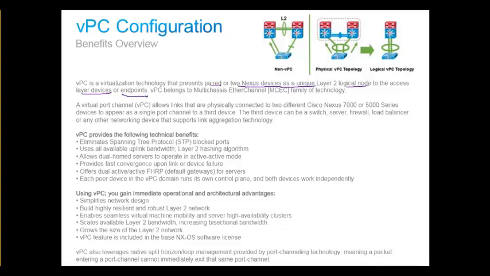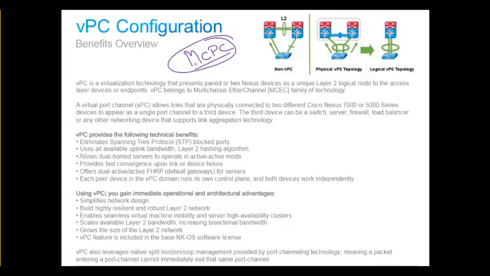vPC belongs to multi-chassis EtherChannel. This is also one terminology the other vendors will use. Multi-chassis port channel, they will say, the other vendors. Have you heard about this? I have heard many times from other vendors. Cisco doesn't call it like this.